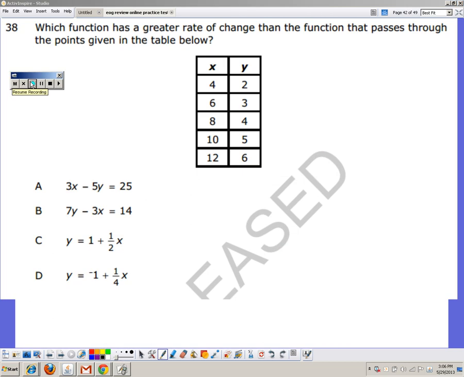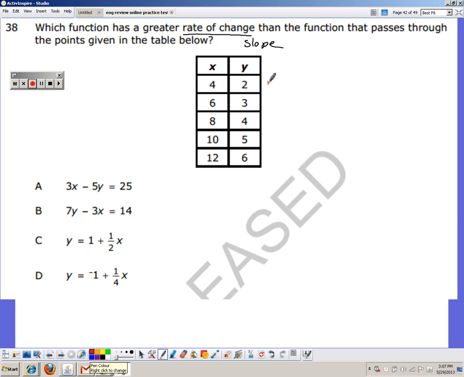38, we've got to give them an equation that has a greater rate of change. Remember, rate of change is another word for slope. So, the first thing we're going to do is find the slope of this table. Again, you can pick any 2 points to give you your slope.